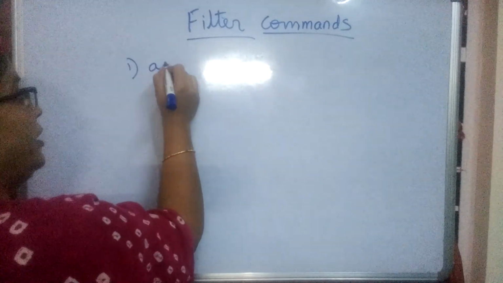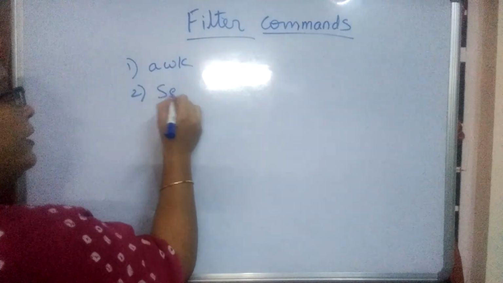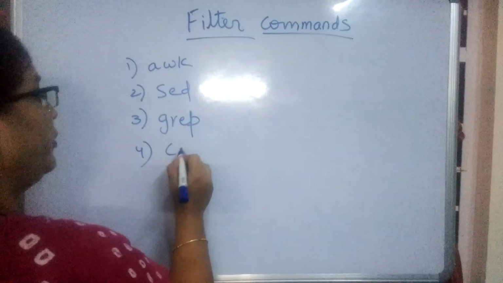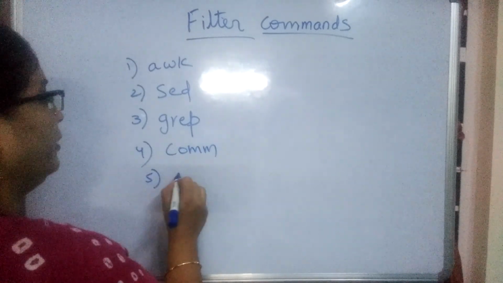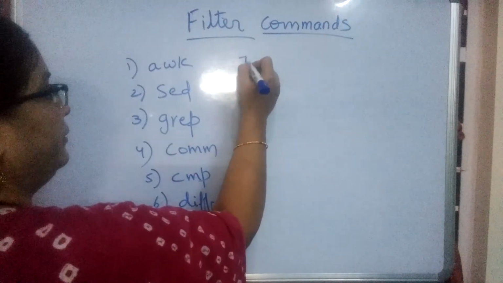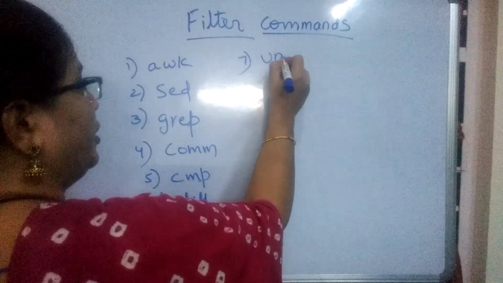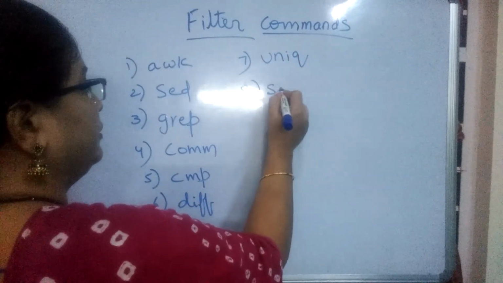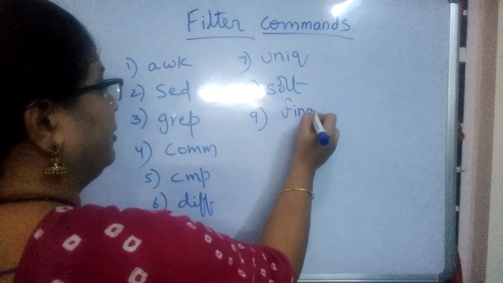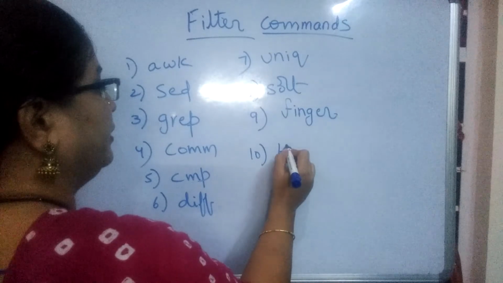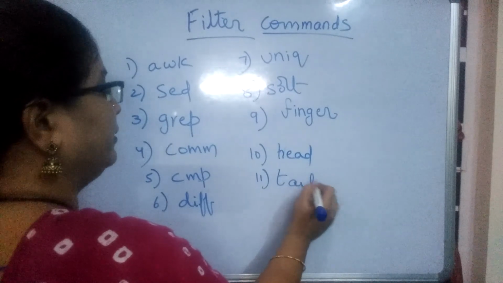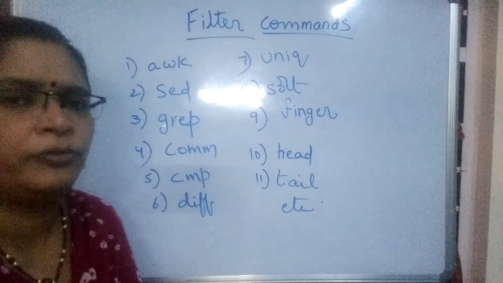The very first one is AWK, second is SED, third is the grep command, fourth is COMM, fifth is CMP, sixth is DIFF, seventh is UNIQ, eighth is sort, ninth is finger, tenth is head, eleventh is tail, etc. So many commands.